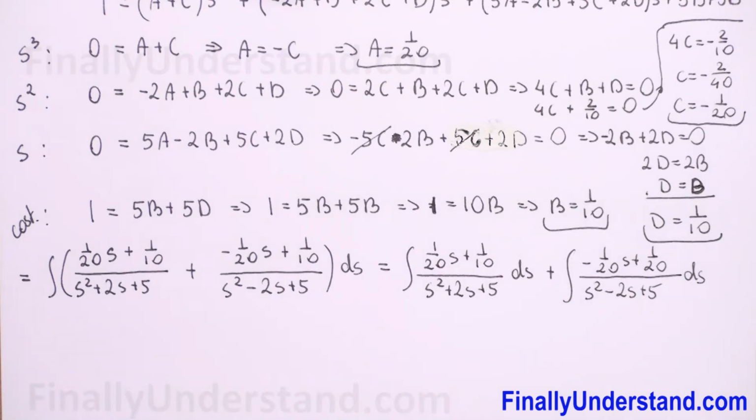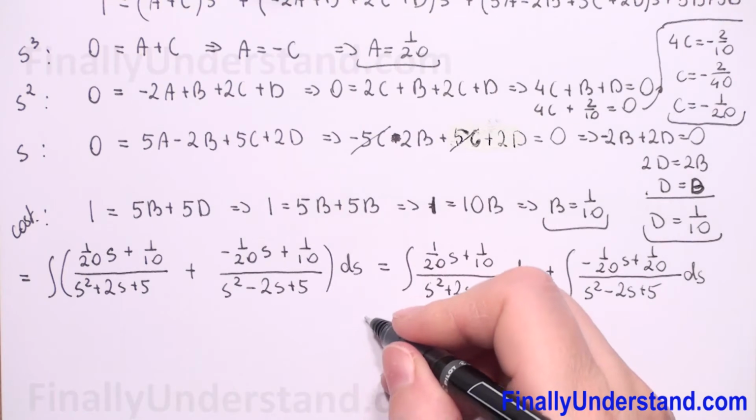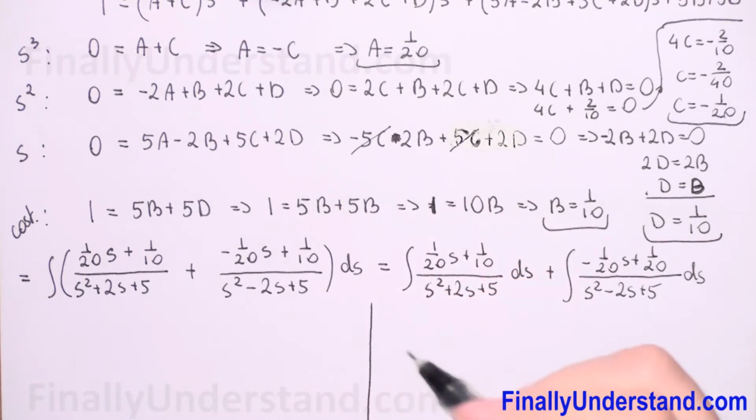To solve these integrals, we have to first find the derivative of our denominator, because we have second degree in the denominator and in the numerator we have a first degree expression. So let me divide this page into 2. On the left side we will solve the first integral.